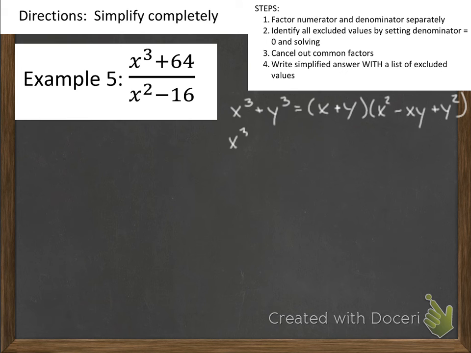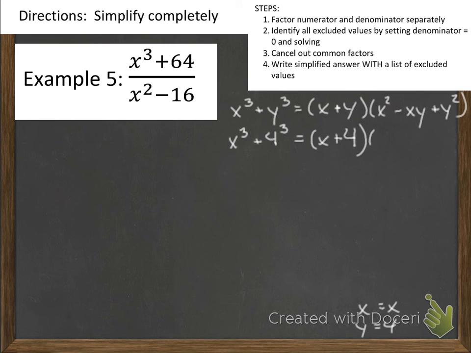So x cubed is x cubed. 64 is something cubed. Well, in case you forgot, 64 is 4 to the 3rd power. Okay, so that basically means that x is x and y is equal to 4. Okay, so I'll just write that down here. So x is just x, y is 4 in this formula. Okay, so instead of y, I'm going to write the number 4.